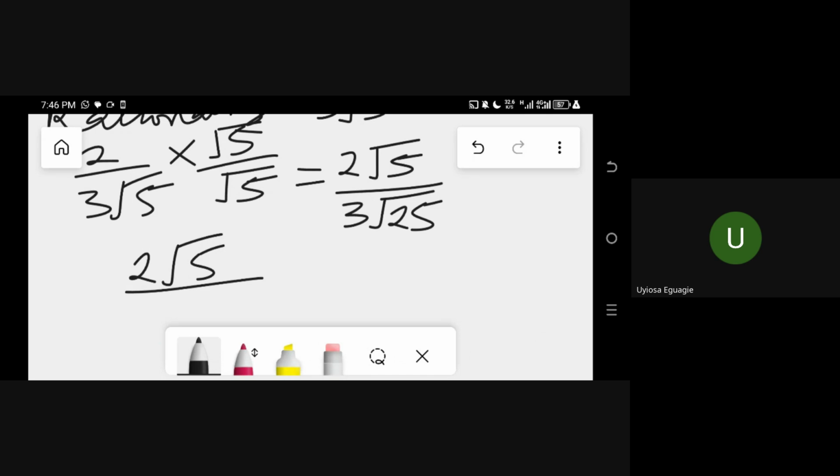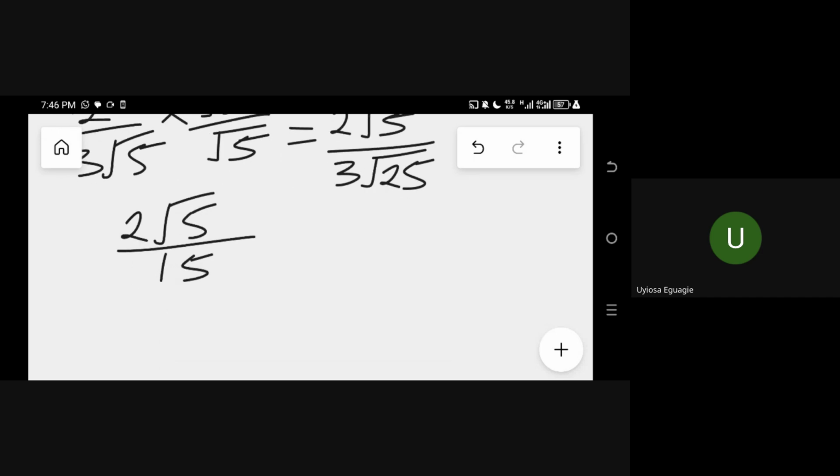Now, 3 times that 5, which we get from the square root of 25, gives us 15. So you can see that this is the result we get, and we no longer have a root at the bottom, the denominator, rather.